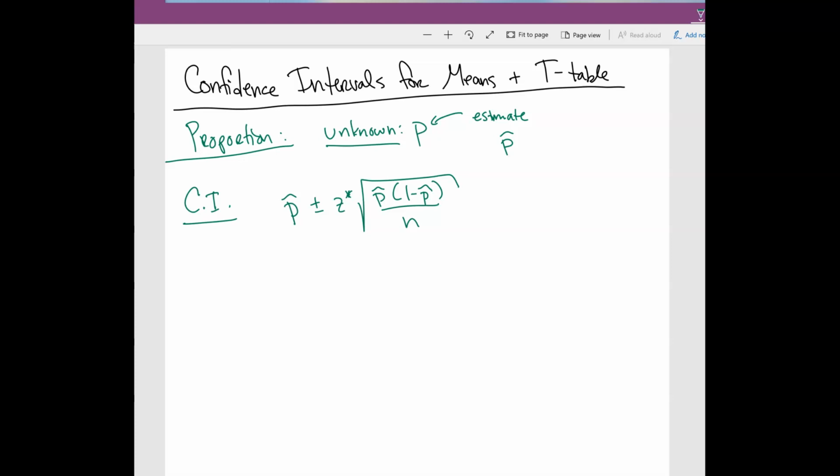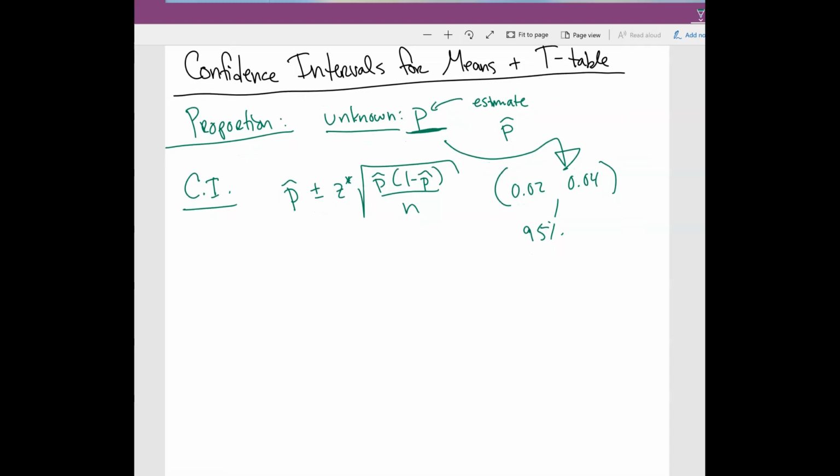This whole formula gave me an interval of numbers, maybe like 0.02 and 0.04. It basically told me that we are some amount of confidence, maybe 95% confident, that the true value of this unknown lies between these two numbers. That's basically what it was with confidence intervals.